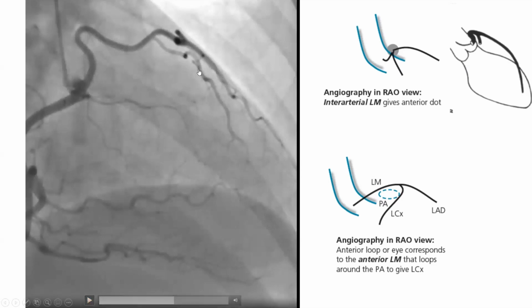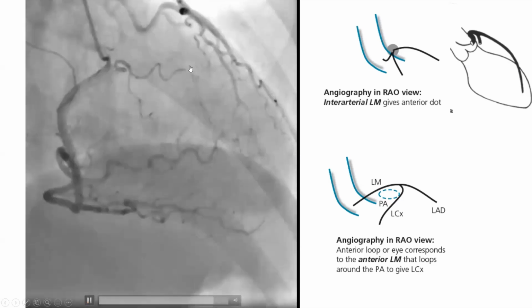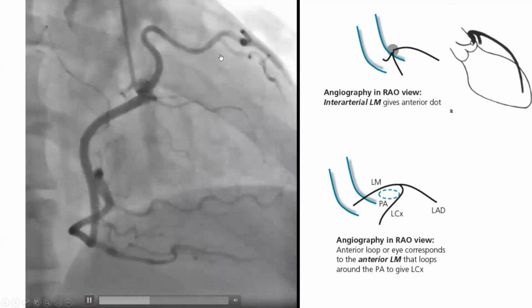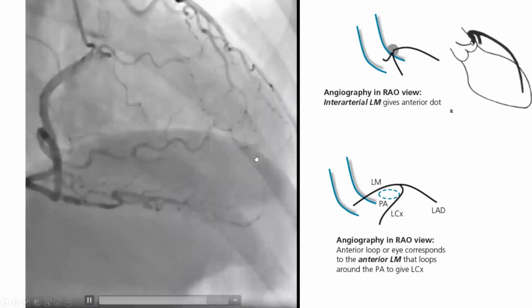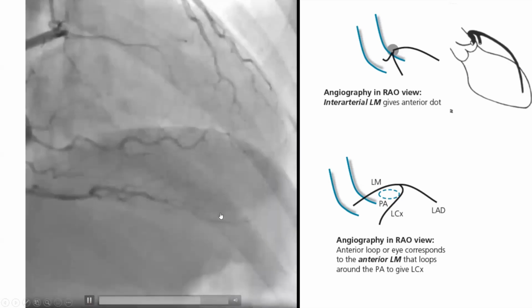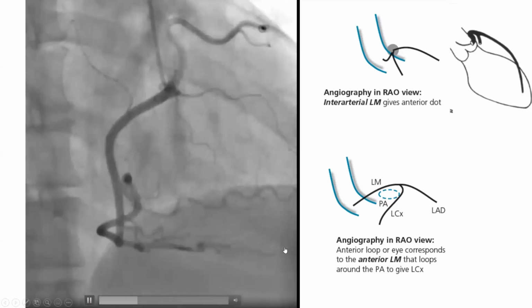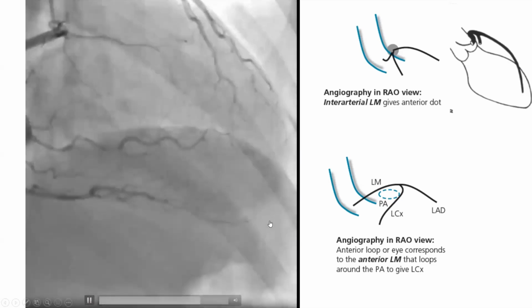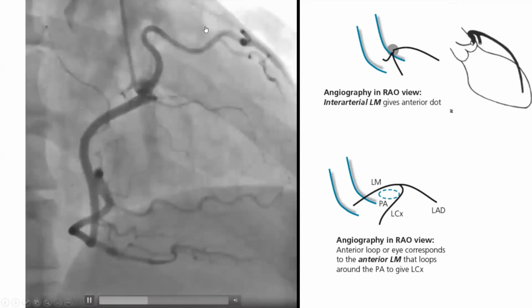The true LAD is this one, the one that is not hugging the border, more in the top of the cardiac silhouette in RAO view, in the center of that top. And this is the LAD. Here, you see it going toward the apex. It doesn't quite loop around the apex because you have a PDA from the right that almost loops around the apex. Okay, so we define this as LAD.